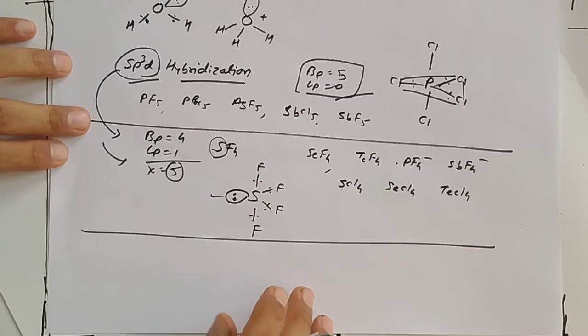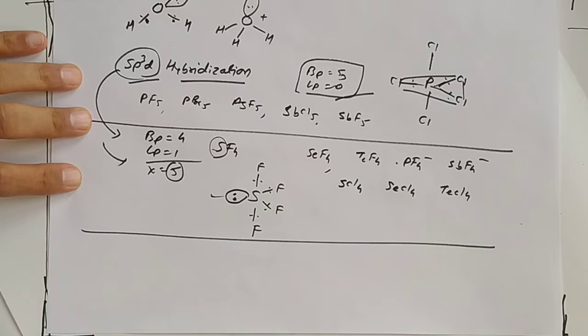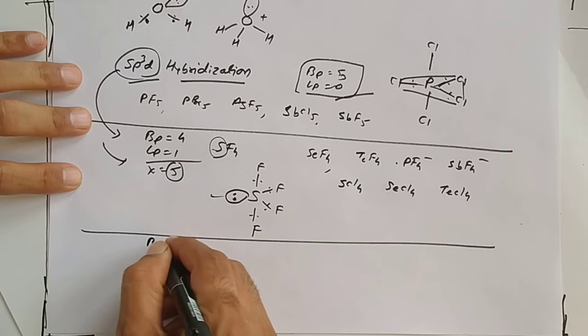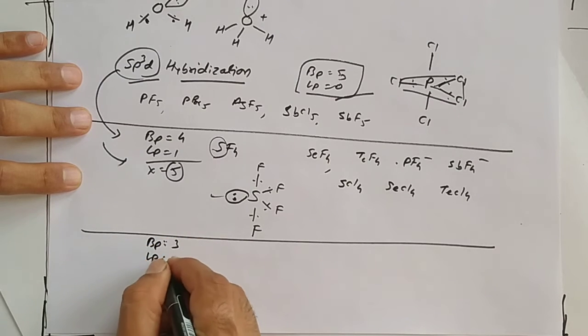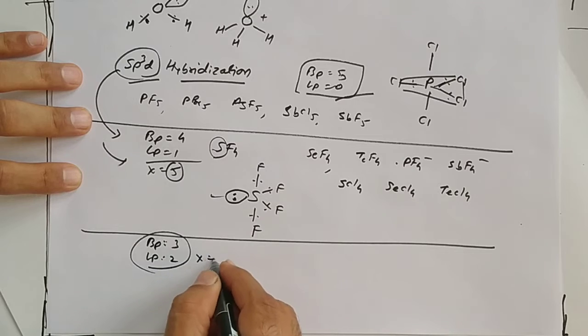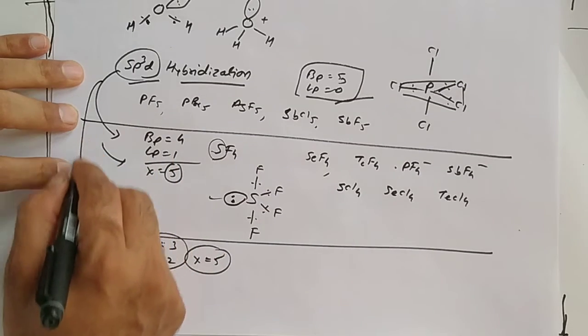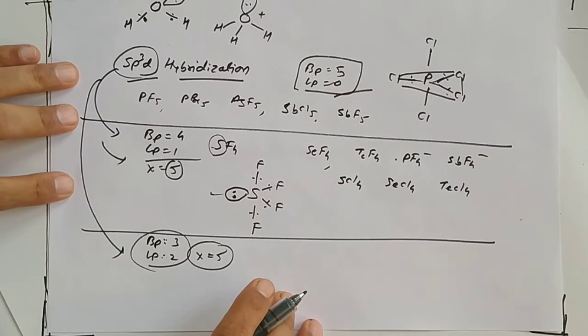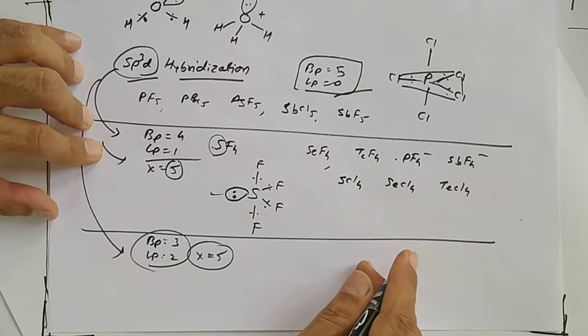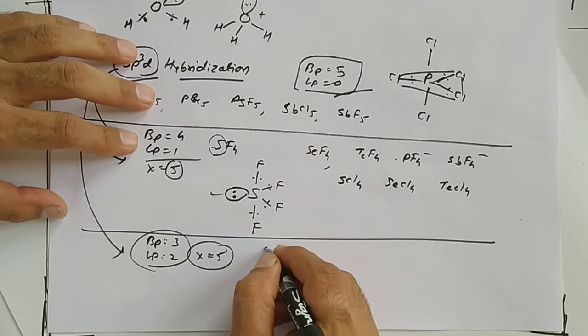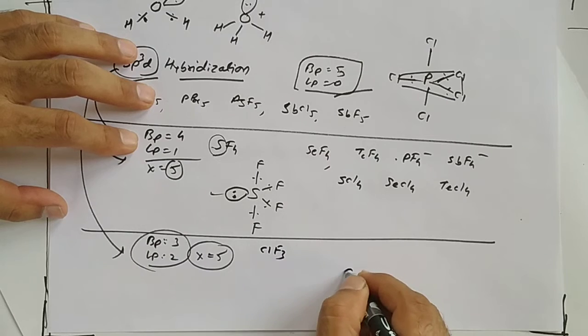Now, whenever bonding pair is 3 and lone pair is 2, the total value is 5, which is also sp3d hybridization. In this case we take the example ClF3.